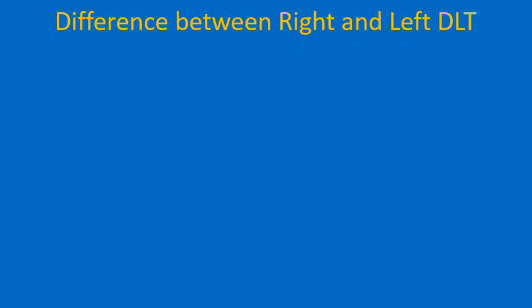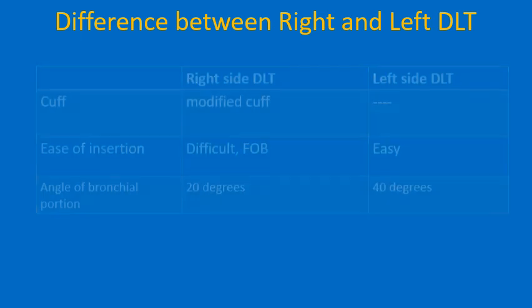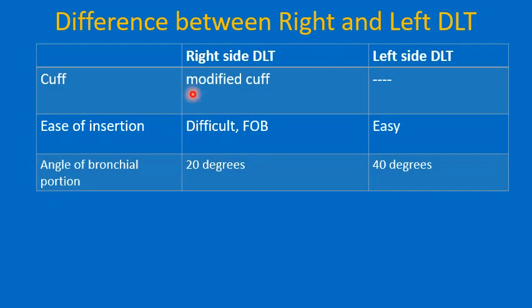Now coming to the difference between the right-sided and left-sided double lumen tubes. The main difference is related to the cuff. The right-sided DLT has a modified cuff, so there is a slot for ventilation of the right upper lobe.